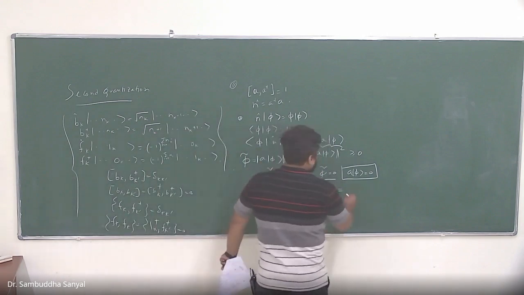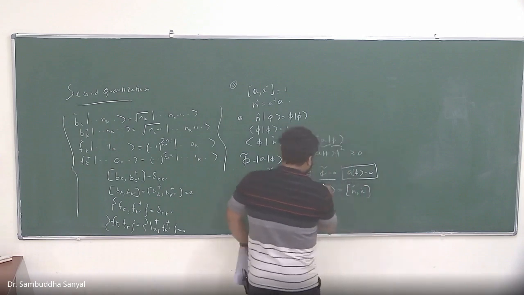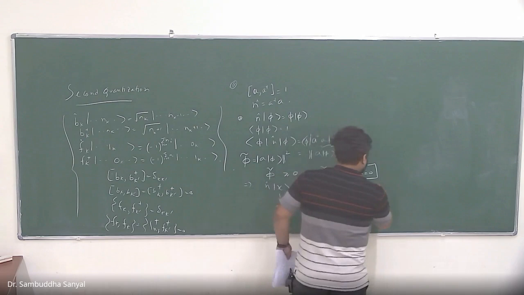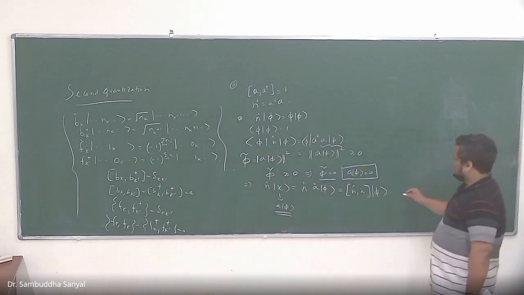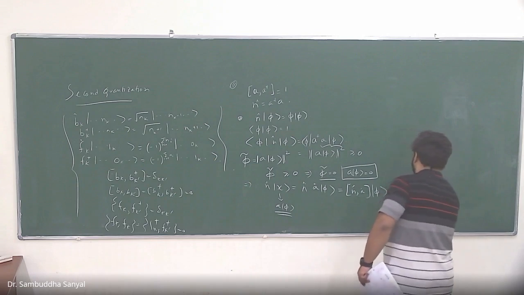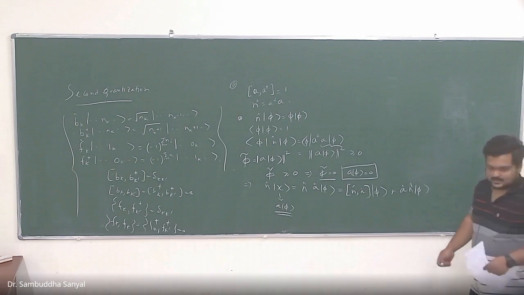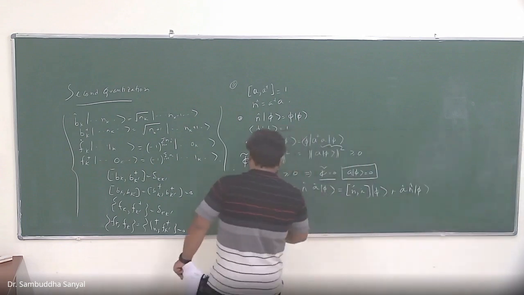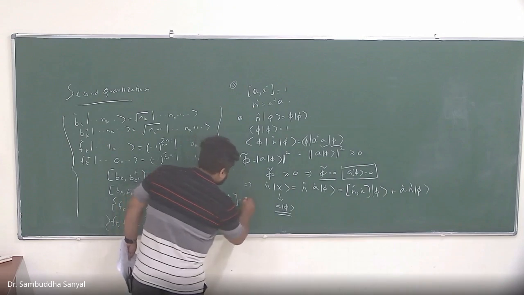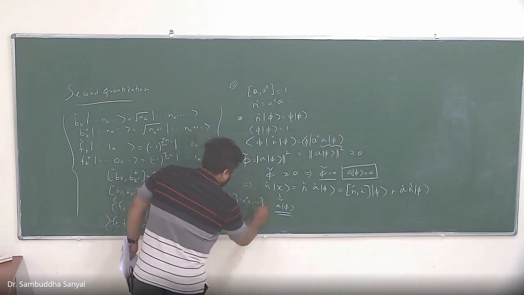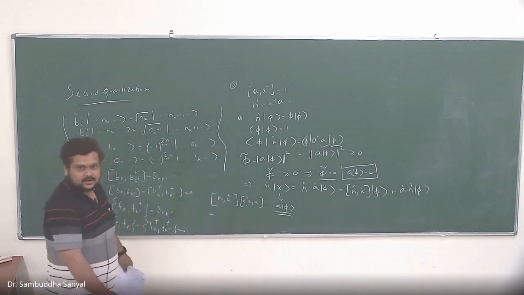So I can write this as n a phi, because n a phi is n a minus a n, right? So that means I have to add a n phi, right? This is this, right? But what is na? So na is a dagger a, right? Now I can use this commutator rule.